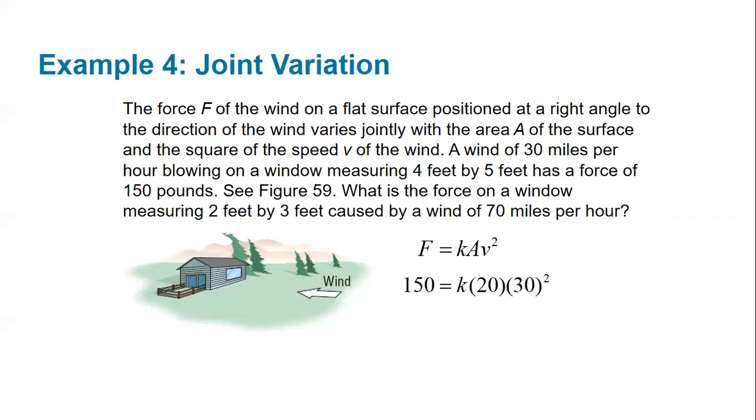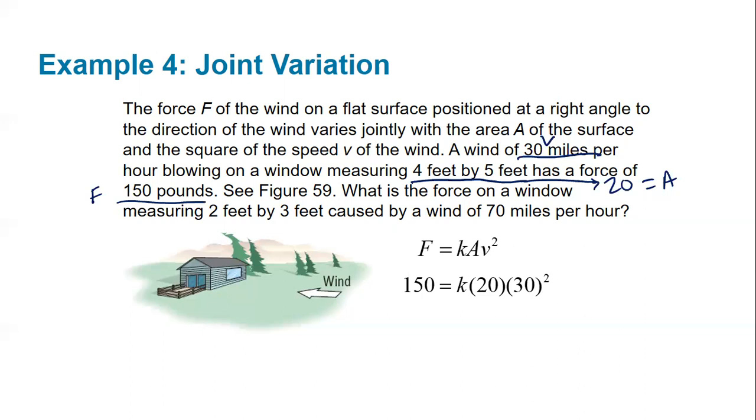You have your 30 miles per hour, which is your V. You have your 4 feet by 5 feet, which means the area is, what's 4 times 5? 20. And then you have your force, which is pounds. Because if we remember from physics, weight is a force, yes?